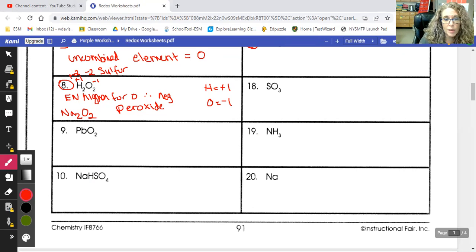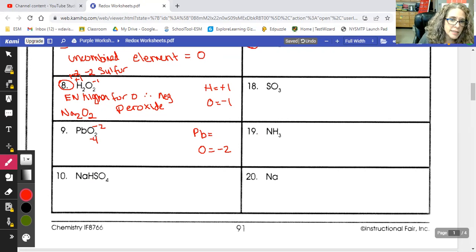All right, I'm going to throw in a little bit of review. Let's also talk about how we name this compound, because that's also figuring out oxidation states. So I need to figure out the oxidation state of lead, and I need the oxidation state of oxygen. I go to the periodic table, and I see my oxygen is -2. And if I have 2 of those -2s, the total charge of those 2 oxygens is -4.